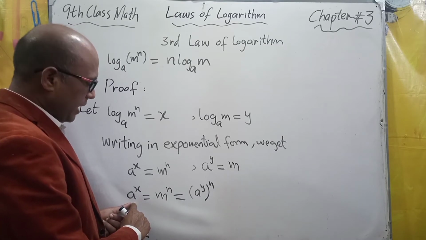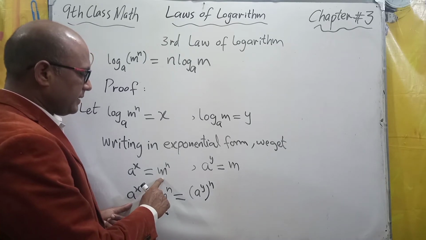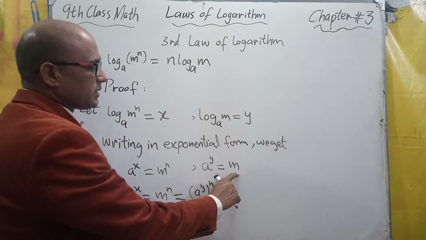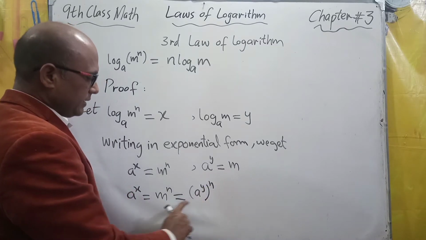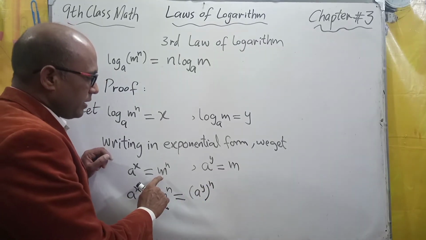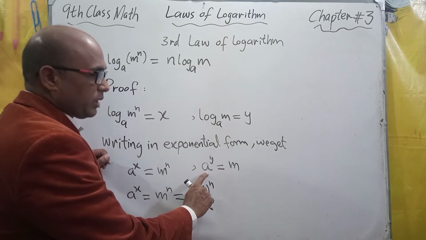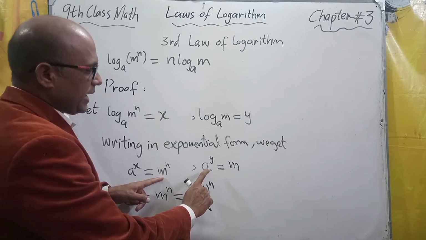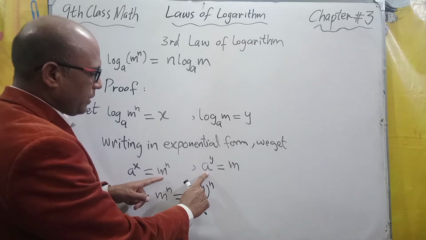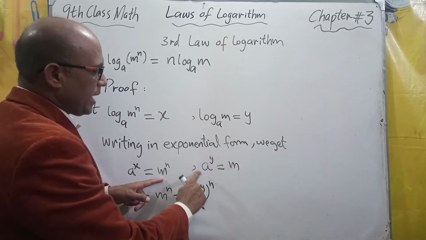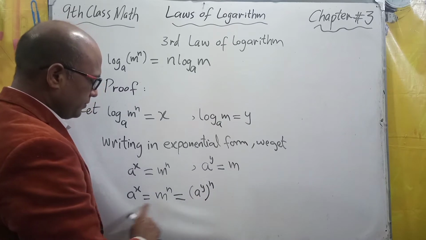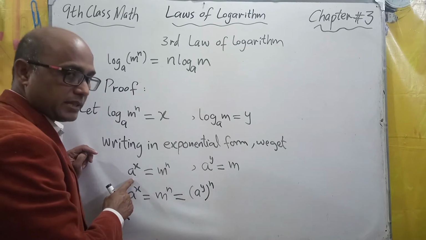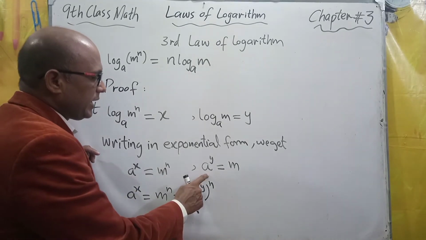In place of m, we can write a power y, because m is equal to a power y. We can replace this m with a power y. In this way, these three are equal. All three are equal.